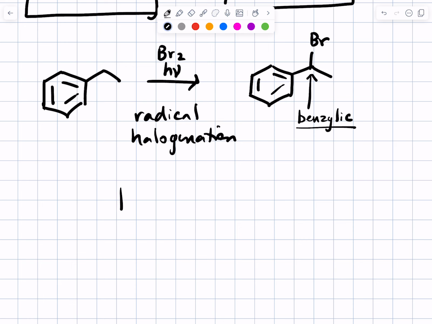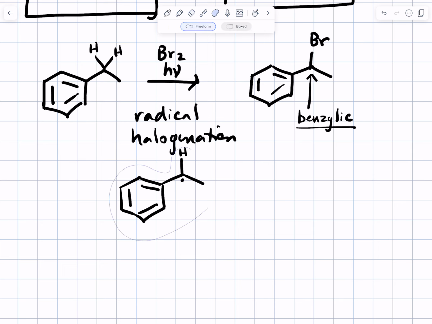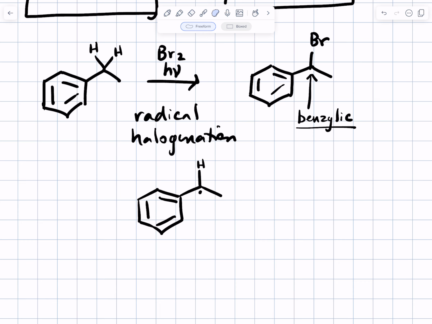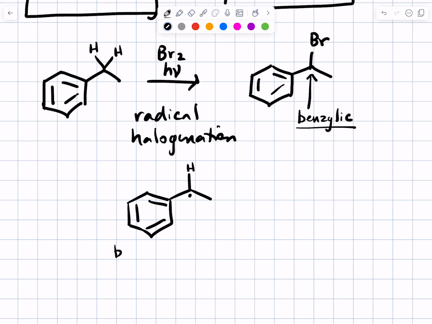The reason the reaction is selective for putting the bromine on the benzylic carbon is because it involves an intermediate that looks like this, in which you have a radical on the benzylic carbon. And that benzylic radical intermediate is more stable than any of the other options that you can think of.